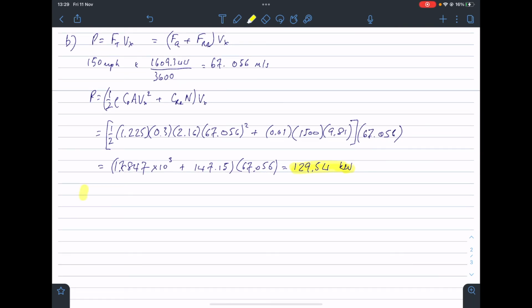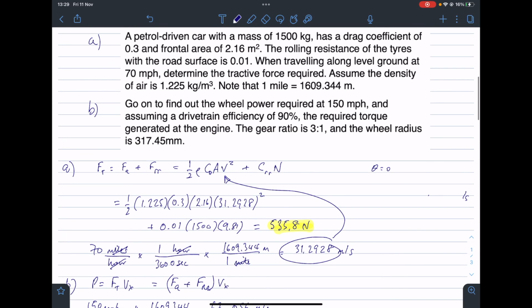So the tractive force is what it says. What did it ask for? It asked for, assuming the drivetrain efficiency of 90%, the required torque generated at the engine. The gear ratio is 3 to 1.